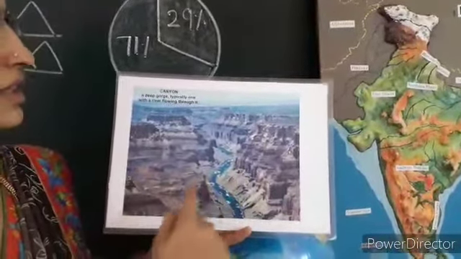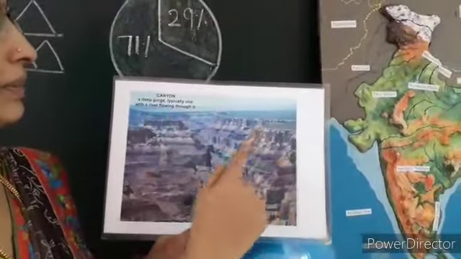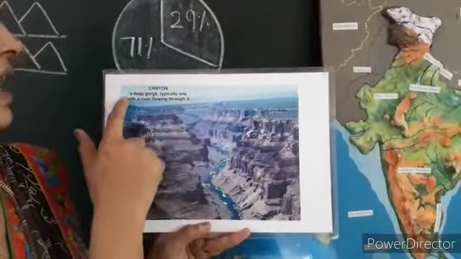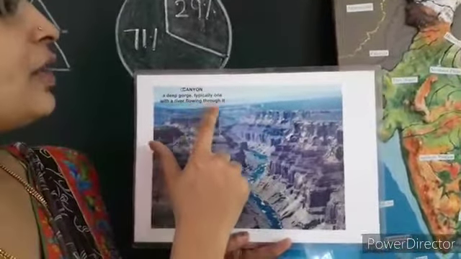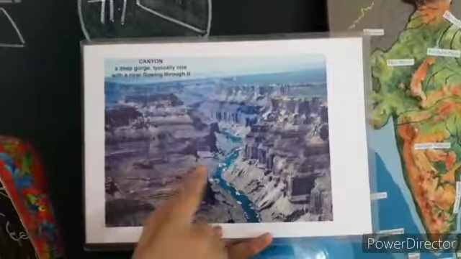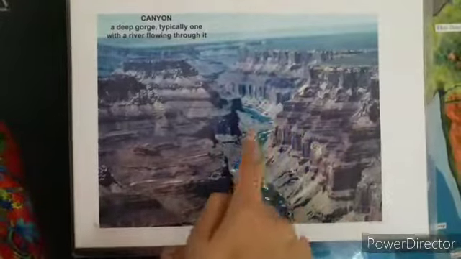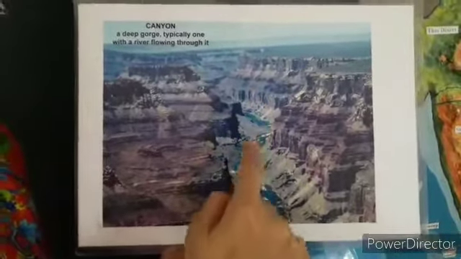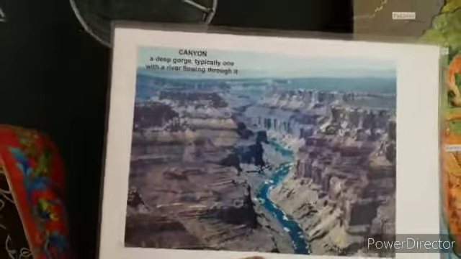See here children, these two hills are very high and have flat tops. Canyon means a deep gorge, typically one with a river flowing through it. See here children, between two hills we can see a deep gorge, and a river flows through it. This is what we call a canyon.